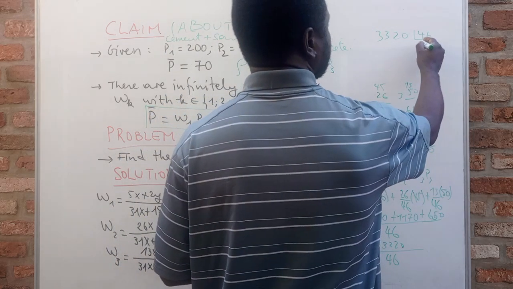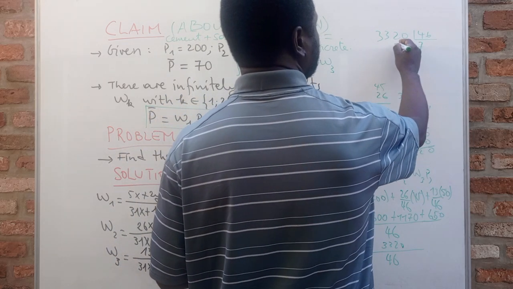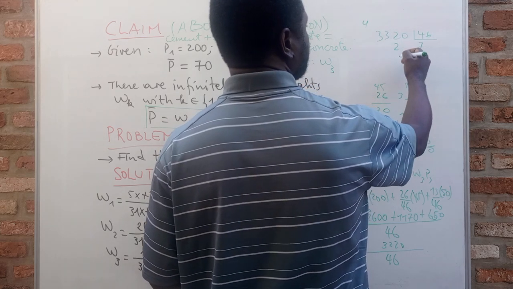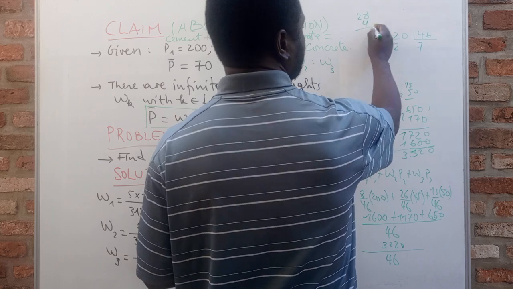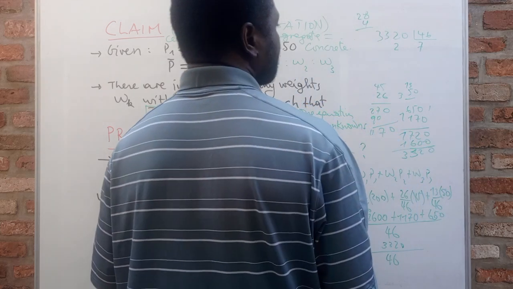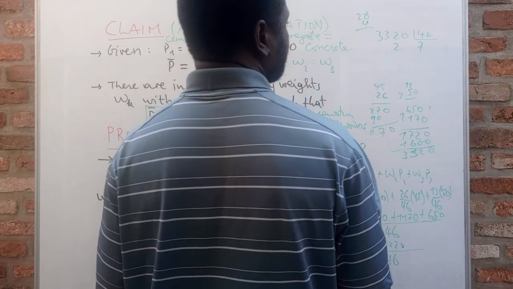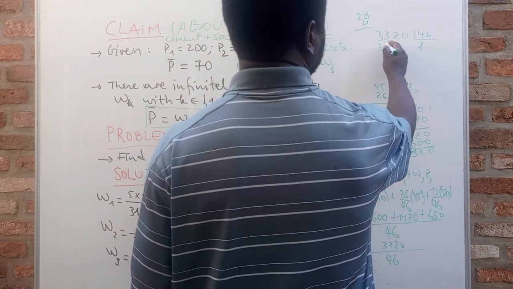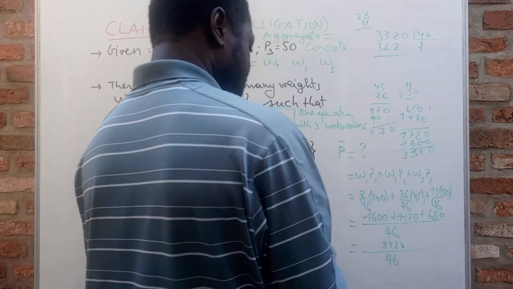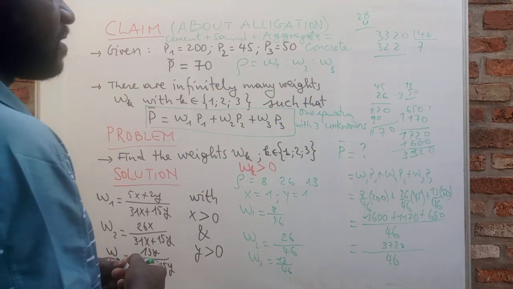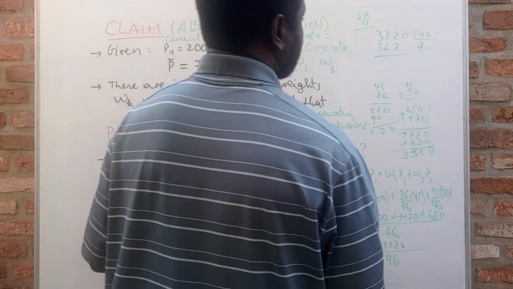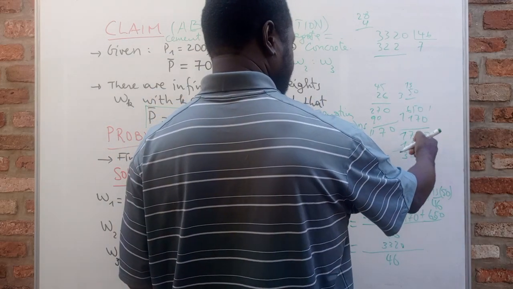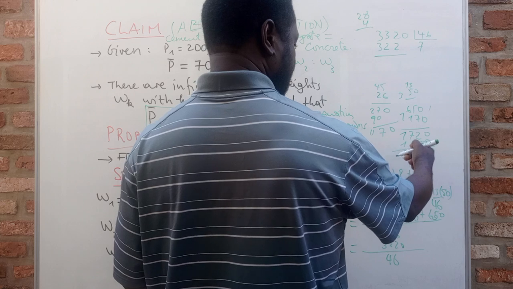Is it correct if I put 7 times 6 is 42, 7 times 4 is 28, and what do I have here is 3 2. Where is the mistake? Probably I think that we have a mistake. We have to check this.